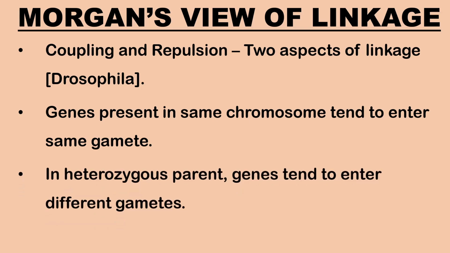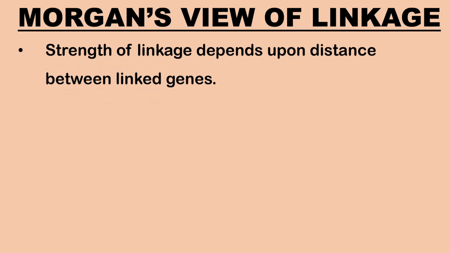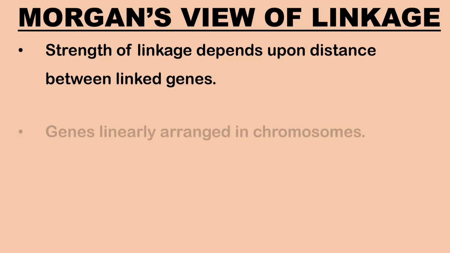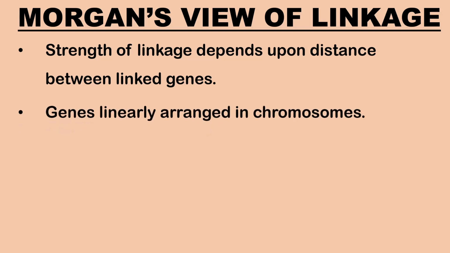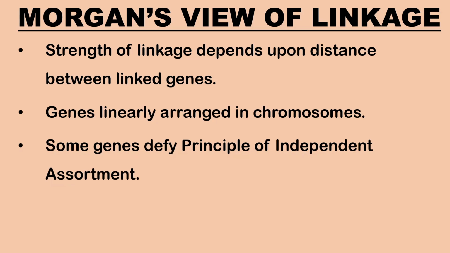In heterozygous parent, the genes tend to enter different gametes and remain separated from each other. The strength of linkage depends upon the distance between the linked genes in the chromosome. The genes are linearly arranged in the chromosome. Some genes do not follow the principle of independent assortment.